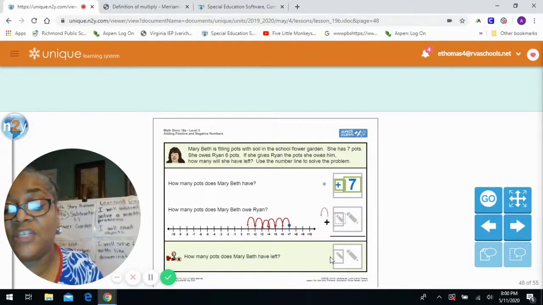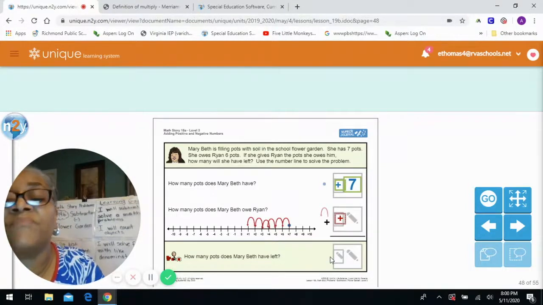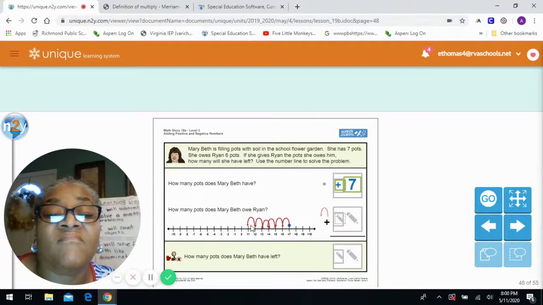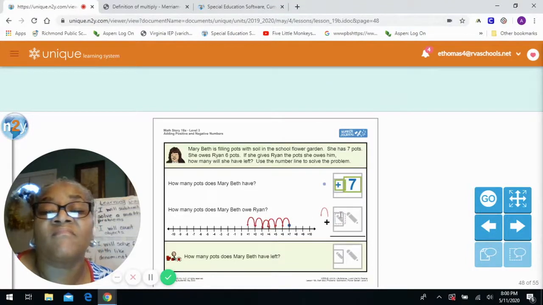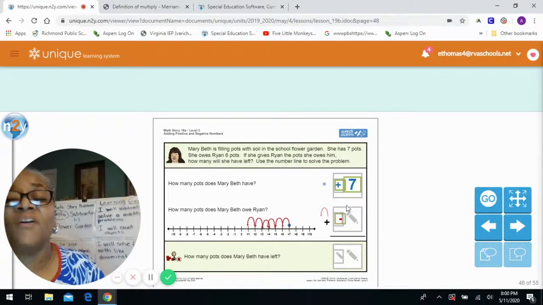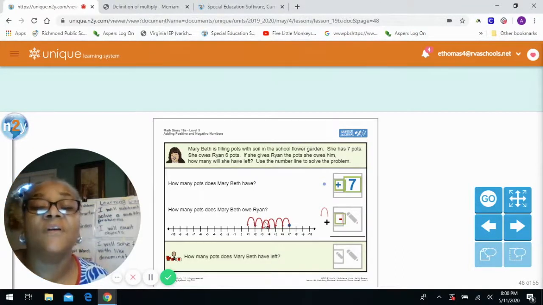Remember, you gotta hit shift. So you get that on there. Uh-oh. So what do we end up? Okay, so when we went to the left, we go with the negative.